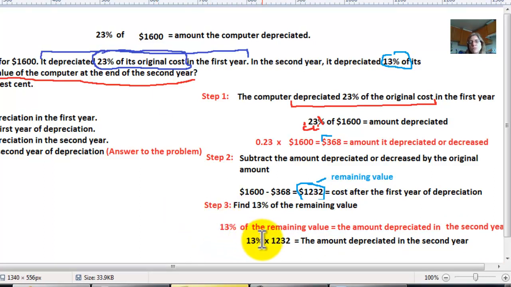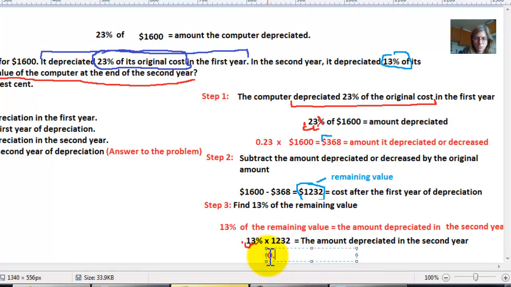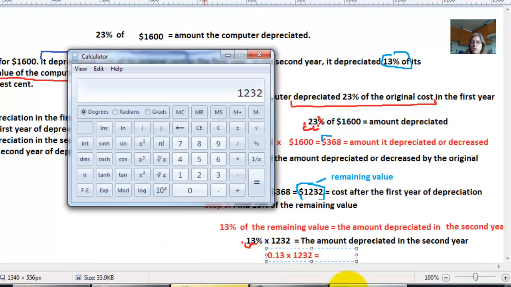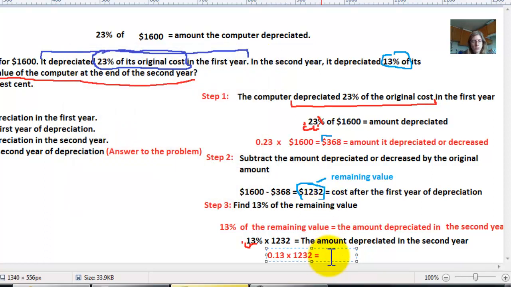We have to change 13% to a decimal. That means we divide by 100; we move the decimal 2 places to the left, which gives us 0.13. So we have 0.13 times 1232, which will equal our amount depreciated in the second year. 0.13 times 1232 is $160.16.